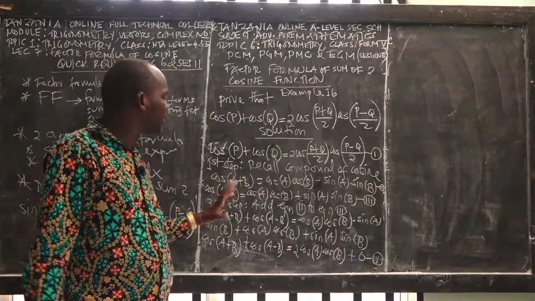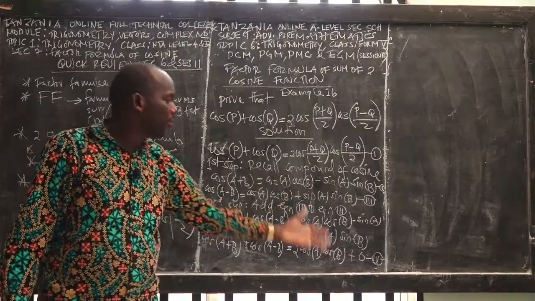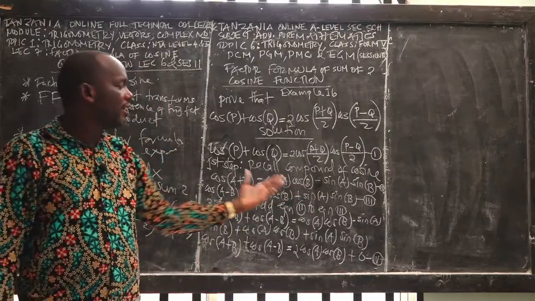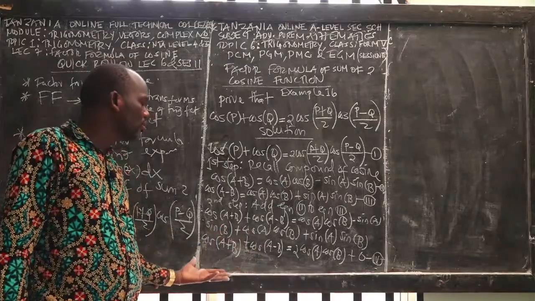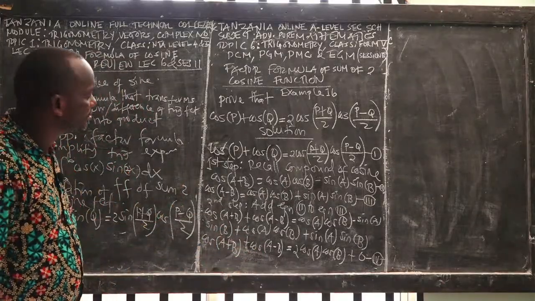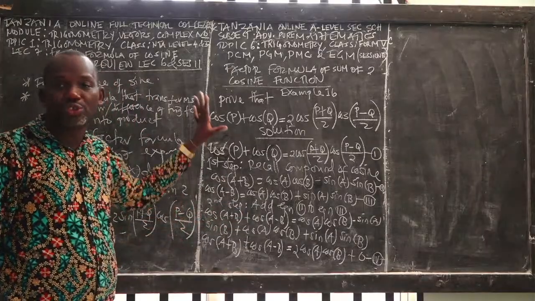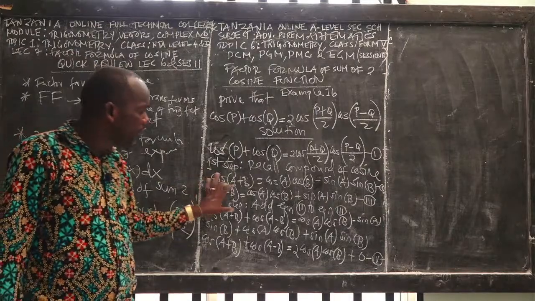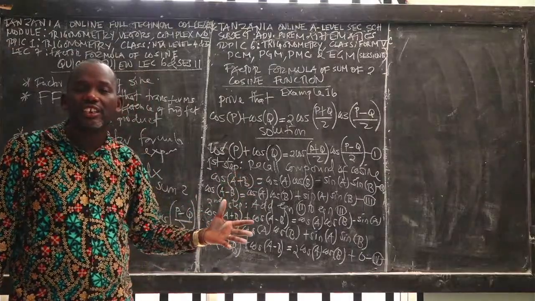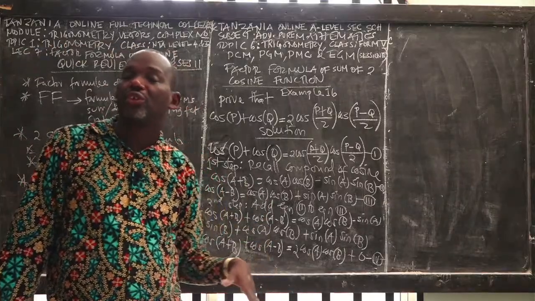Hata kwenye sine tulikuwa hatua ya kwanza tulikumbuka compound angle ya sine ya sum of the two. Kwa hiyo tukaenda hivyo hivyo, na baada ya kupata hizo tukazijumlisha hizo equation mbili tukaendelea. Lakini cha kukumbuka ni kwamba compound angle za sine ya kujumlisha ni tofauti na compound angle ya cos ya kujumlisha.